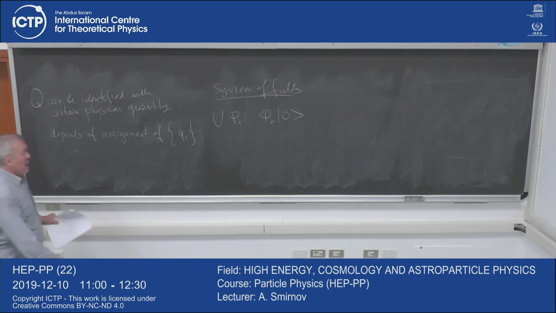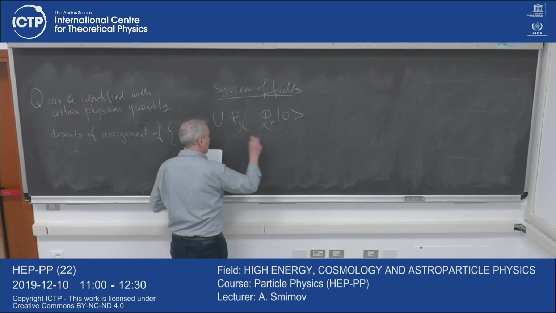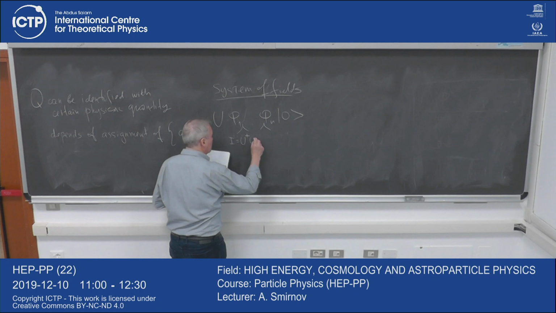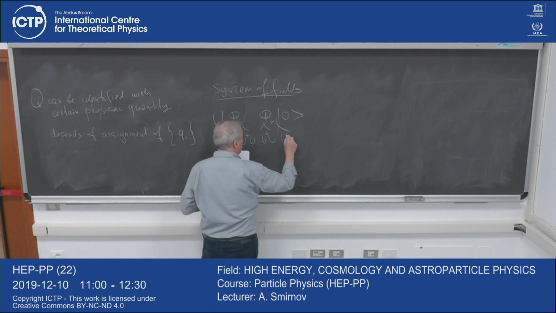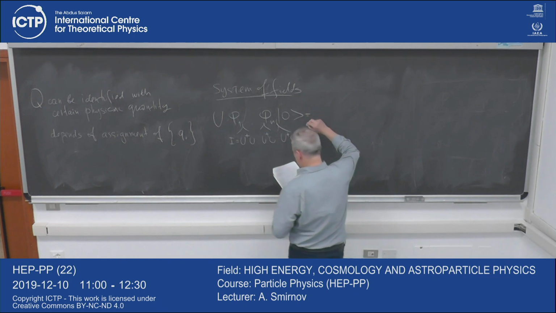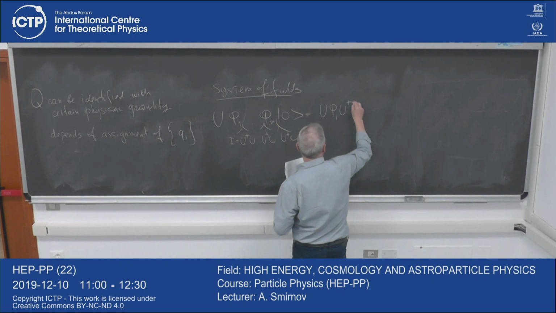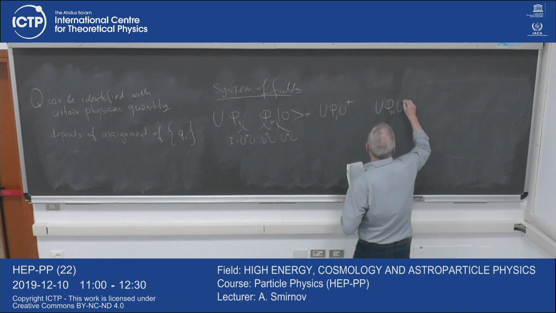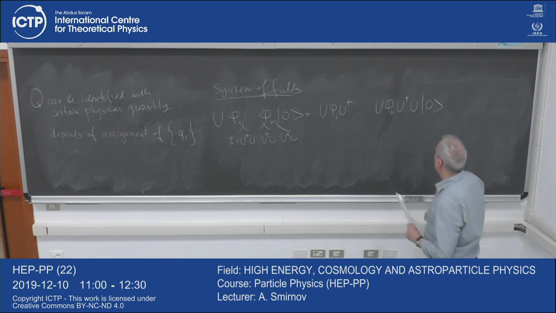So what we are doing, as we did many times before, we insert between these fields a unit, which is U dagger U. Here is U dagger U, and here also one which is U dagger U. And so what we will have here is U phi_1 U dagger, ..., U phi_n U dagger, U acting on the vacuum state.